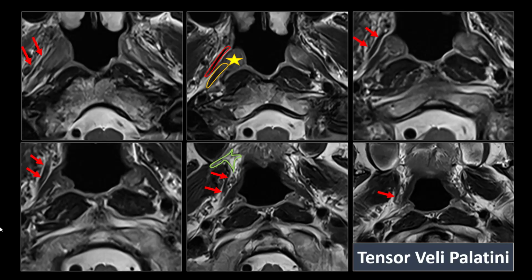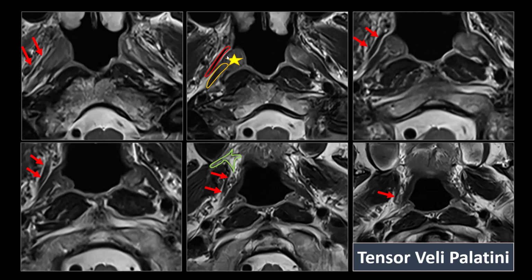I can just see the component coursing towards the medial pterygoid plates. The component that then inserts on the soft palate is something I can't really put into view, and I did my best. But it's also not that important.